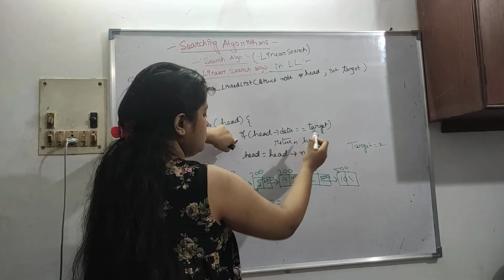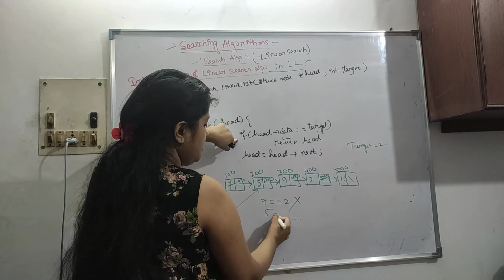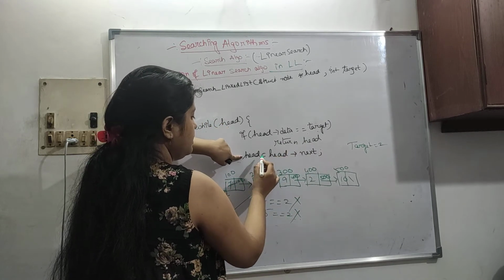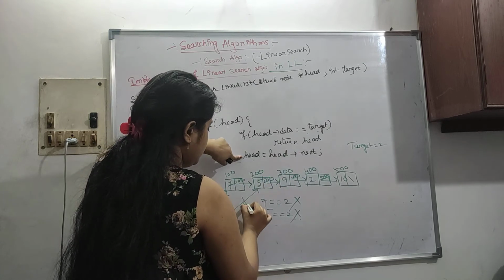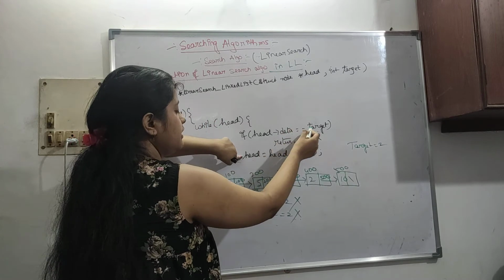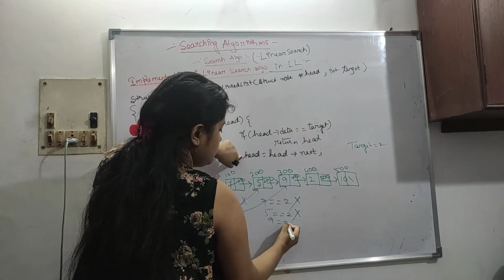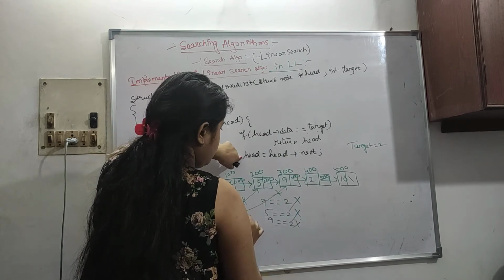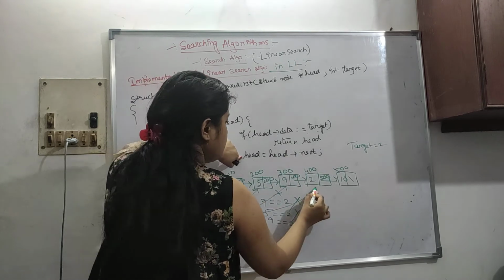Head arrow data 5 equals 2? False. Head moves to the next node. 9 equals 2? No, false. Again head equals head arrow next, so 2.